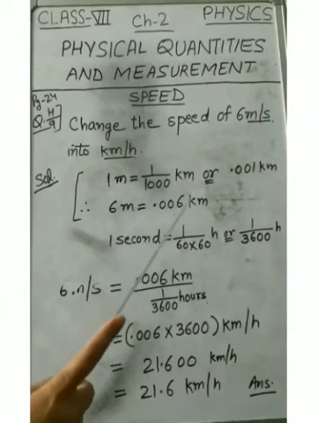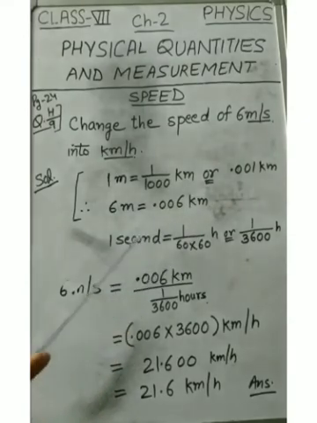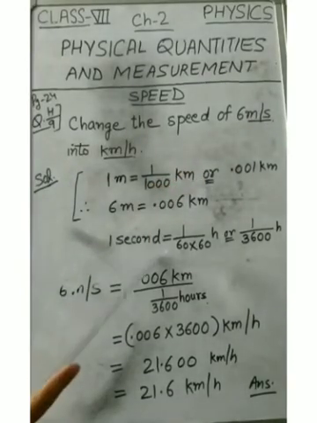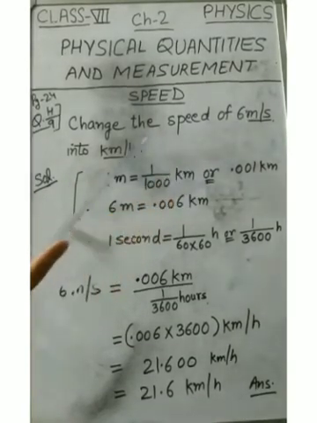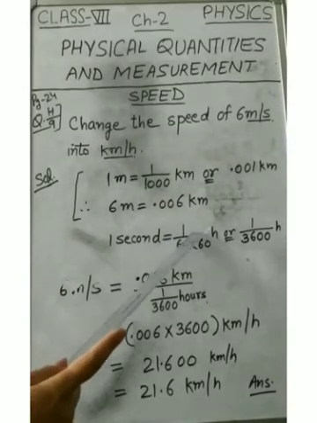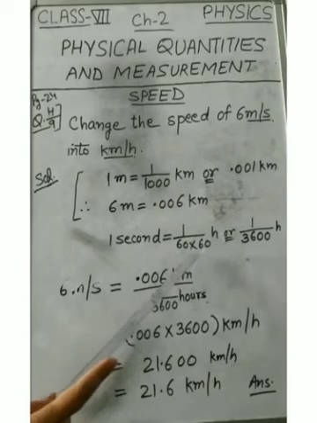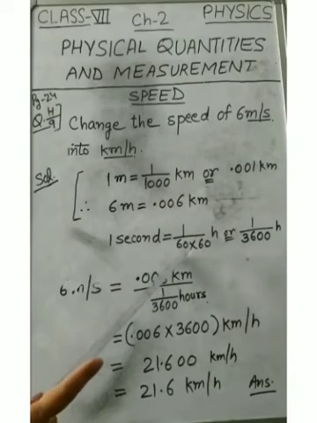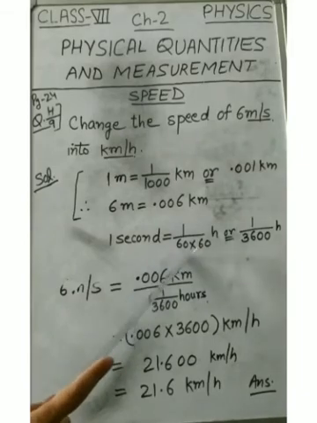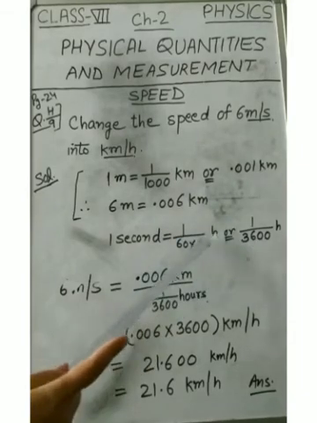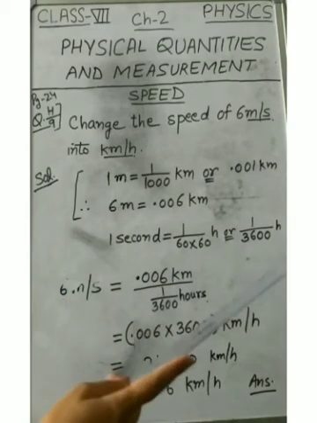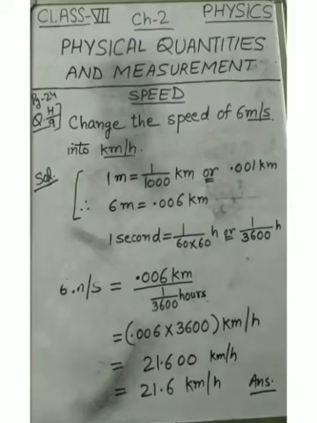You have done that in maths also. Now meter per second. 1 second we have to convert into hour. So 1 second is equal to 1 upon 60 into 60, 60 to convert it into minutes and then into hours. So 1 upon 60 into 60 will become 1 upon 3600 hour. So 1 second is equal to 1 upon 3600 hour.